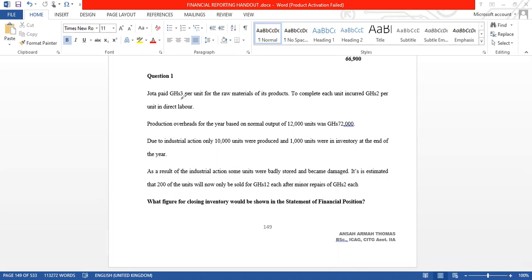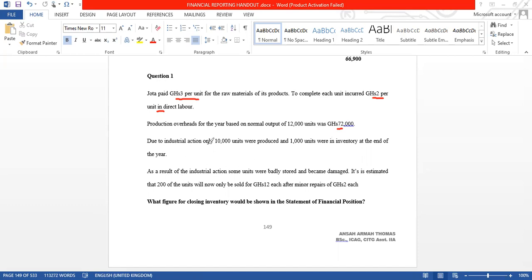It's very painful. So Diogo Jota has paid 3 cedis per unit for raw material of each product. To complete each unit, he incurs 2 cedis per unit in direct labor. And the production overheads for the year, based on normal output of 12,000 units, is 72,000 as we have here.